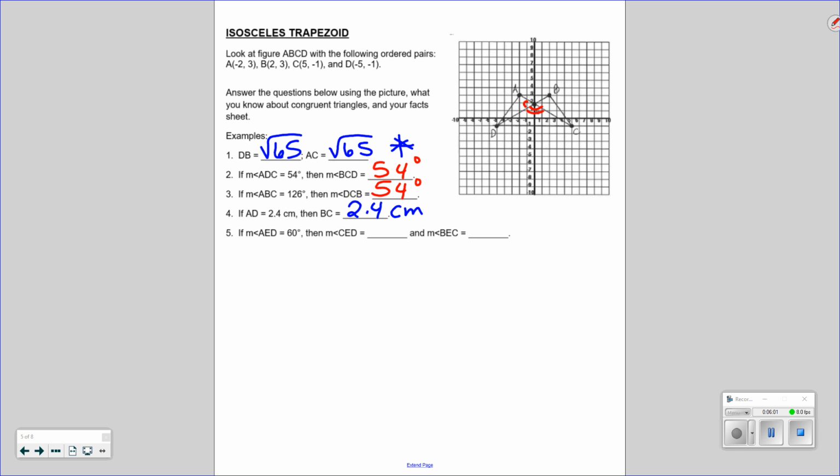So those are a linear pair, so 180 minus 60 is 120. And then the measure of angle BEC would also be 60 because those are vertical angles. So the isosceles trapezoid will have the properties of a trapezoid, but a lot of our other angle properties with parallel lines will come into play as well. All right, so make sure you go onto your fact sheet and check off those properties for trapezoid and isosceles trapezoid.